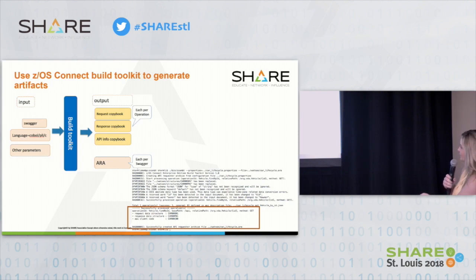So you can see down here the operation ID, our vehicle find by ID, which we saw was an API call. And it's telling you it's a base path of API and the relative path, and it's a get method. And then it's going to give you some structures that you can then use on the back end.